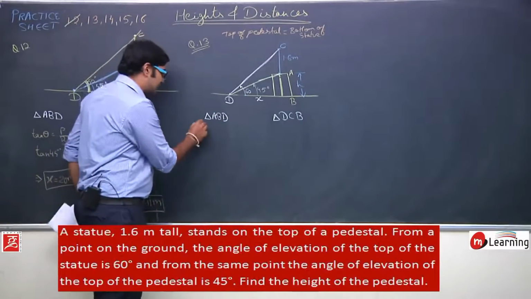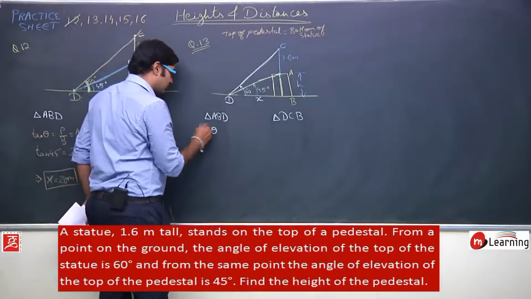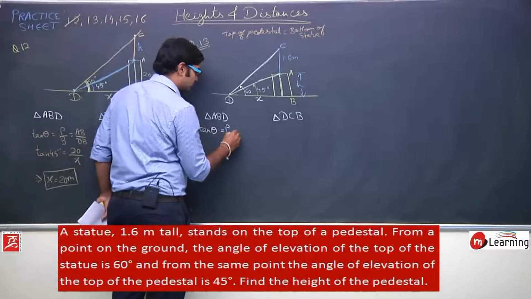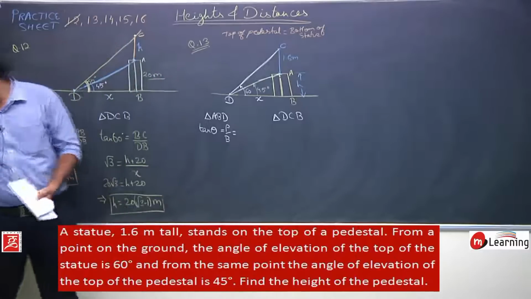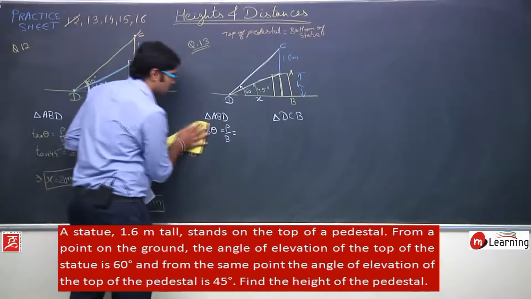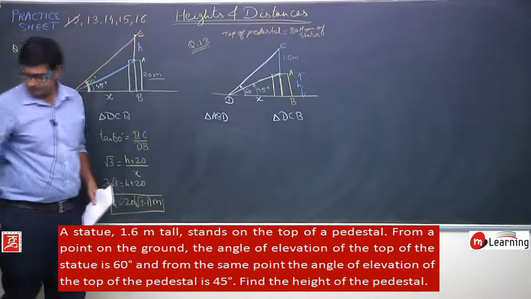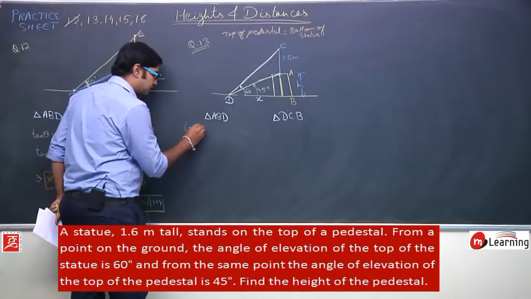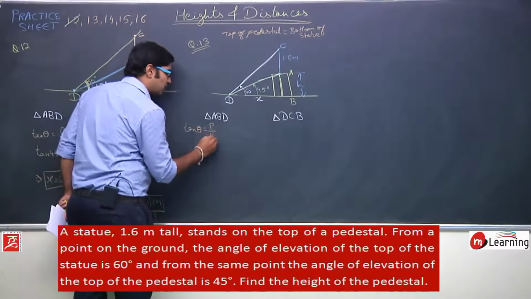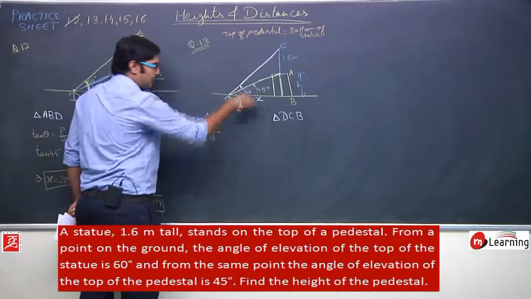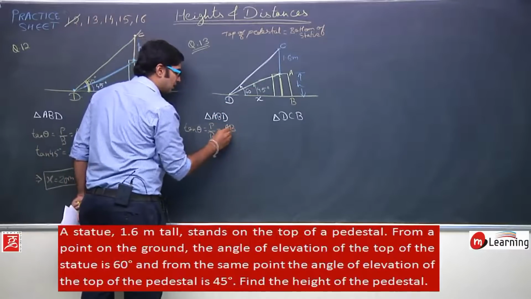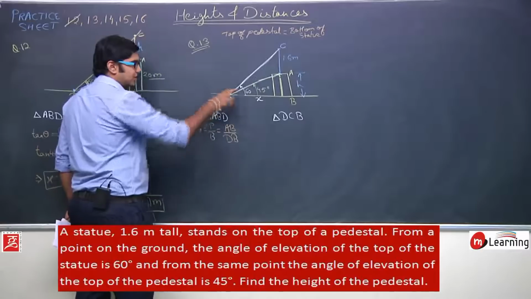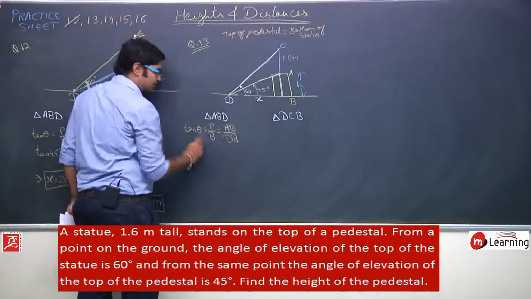So tan theta is equal to perpendicular upon base, which is AB upon DB.